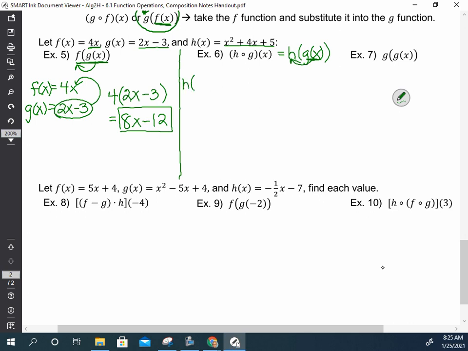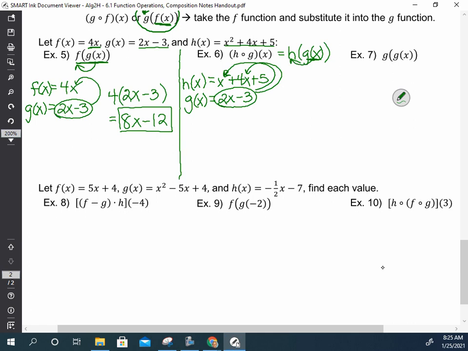Your h function is x squared plus 4x plus 5. Your g function is 2x minus 3. So you're going to take the g function and plug it into the h function.